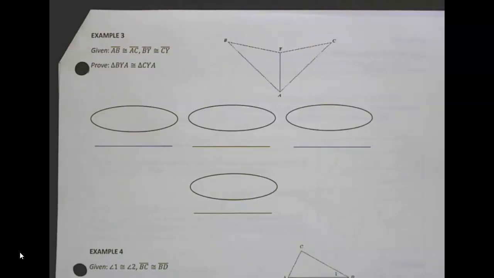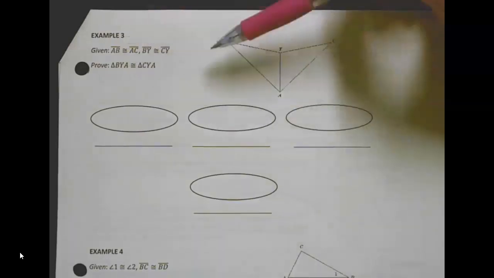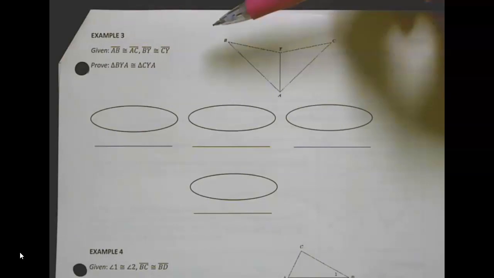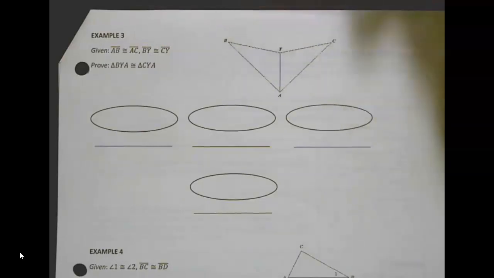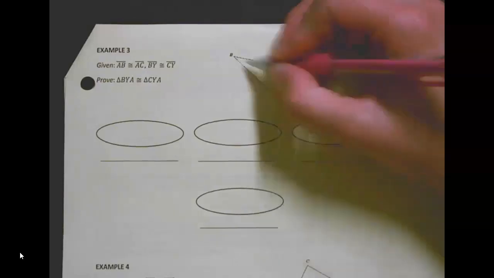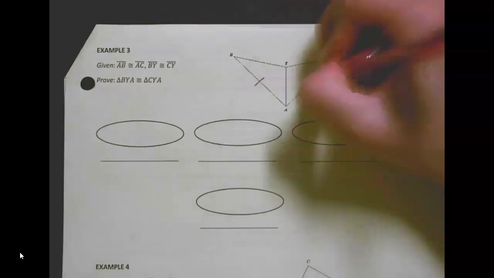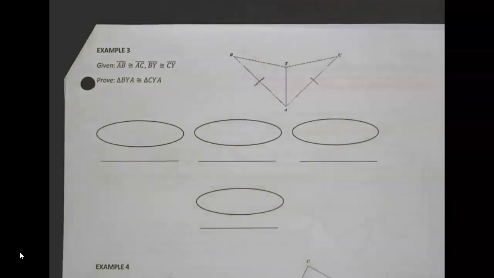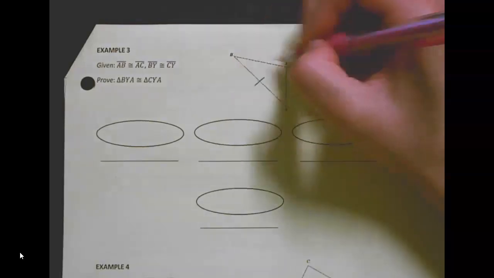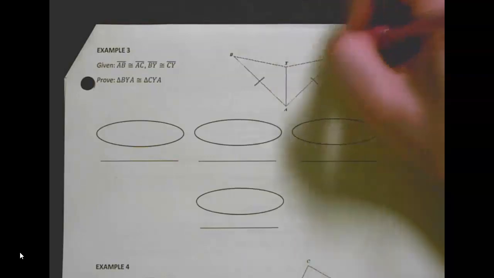All right, so I have, again, two sides that are congruent. So if I have two sides that are congruent, I'm either going to use an angle or another side. So let's mark it. AB is congruent to AC. BY is congruent to CY.